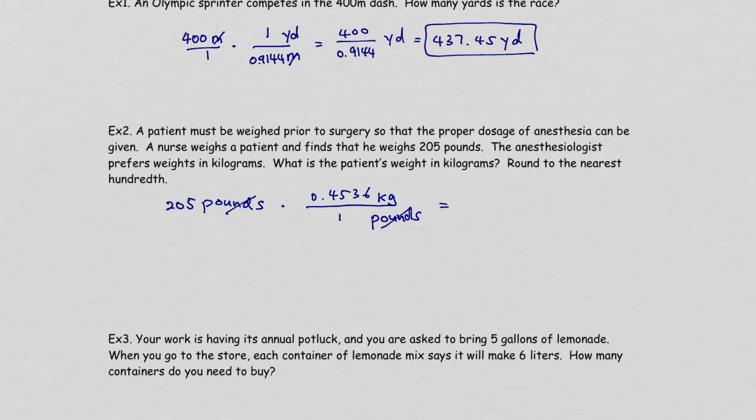So you're multiplying those two numbers: 205 times 0.4536 kilograms. You will end up getting 92 point something, and rounded to 2 decimals it will be 92.99 kilograms.